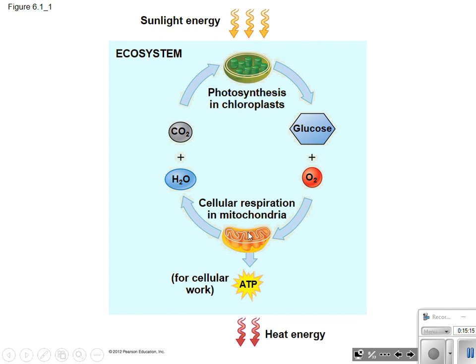photosynthesis and cellular respiration are related. The chloroplast, right here, is where photosynthesis occurs. It makes glucose and releases oxygen. Then the mitochondria takes that glucose and oxygen, makes ATP, and releases water and carbon dioxide.